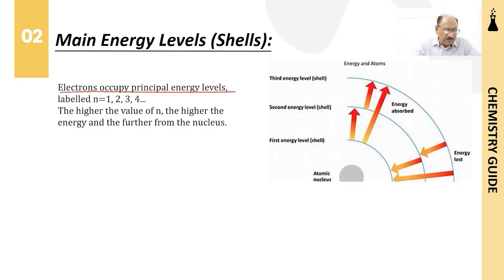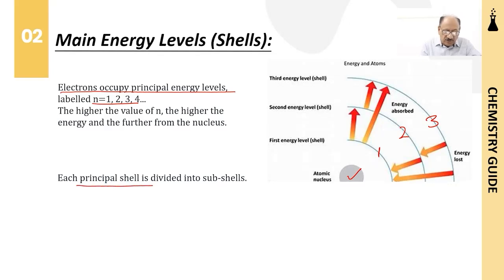Electrons occupy principal energy levels labeled n equals 1, 2, 3, 4. This is the nucleus, and this one will be 1, this will be 2, this will be 3. These are energy levels, or you can say shells. The higher the value of n, the higher the energy and the further from the nucleus.